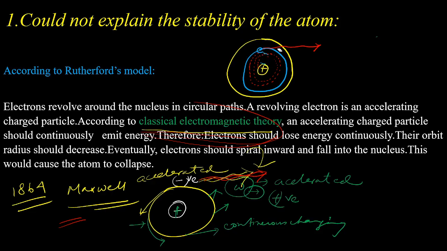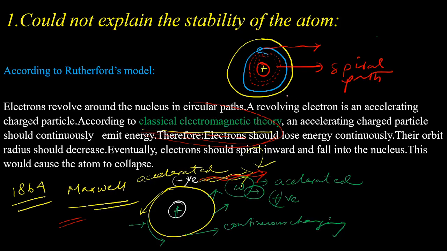And at a certain time, as the distance between the nucleus and the electrons becomes short, at a particular time the electron will fall on the nucleus. So all the electrons within the atom will fall on the nucleus, following the spiral path.